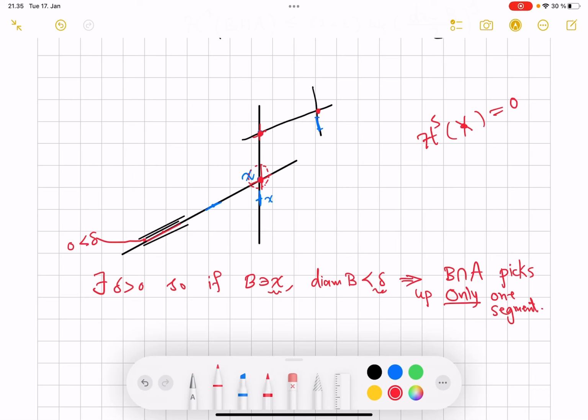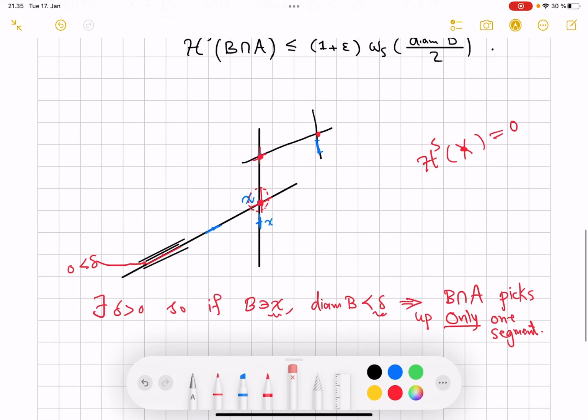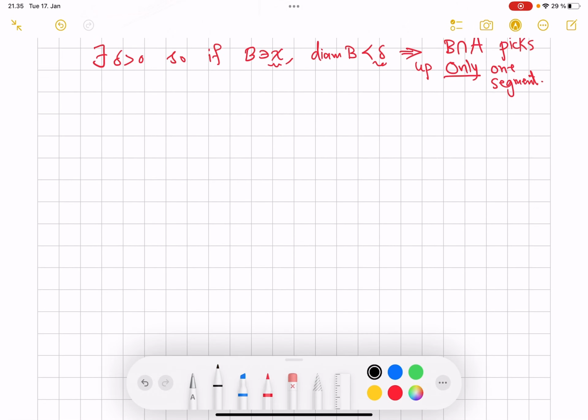Okay, so that's another way this result holds. Next, I'm going to talk about a more subtle example.